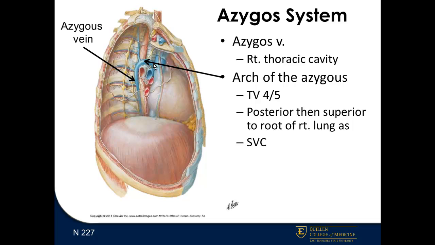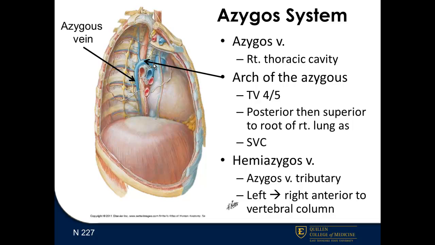And initially it's going to be posterior to the root of the lung and then superior. You can see here how it drains into the posterior wall of the superior vena cava, eventually returning venous blood to the right atrium. Now the hemiazygous vein we can't really see in this image, but we could see it in that first cross section we looked at.